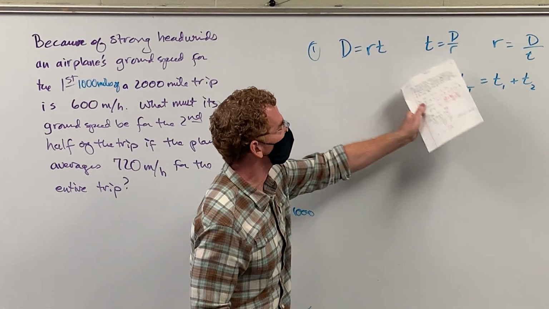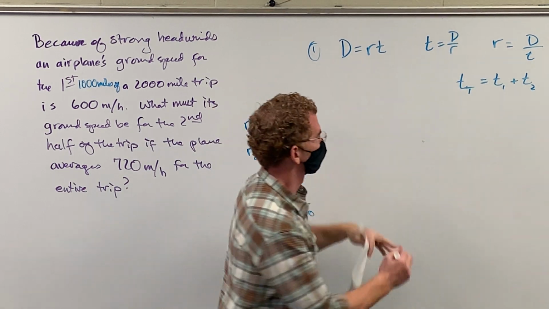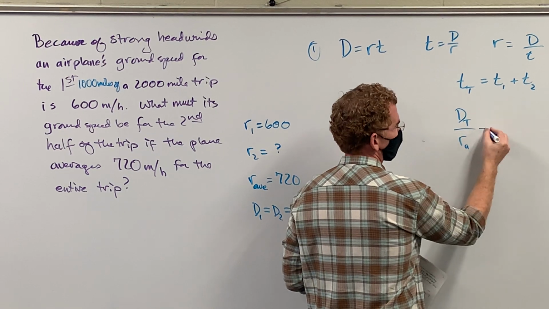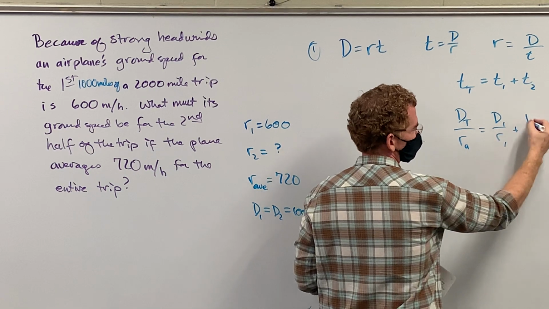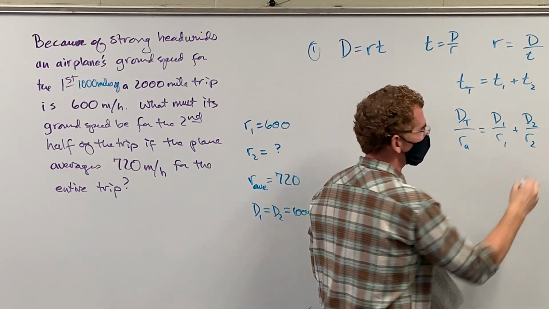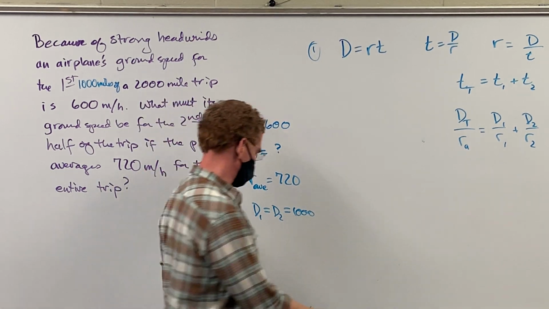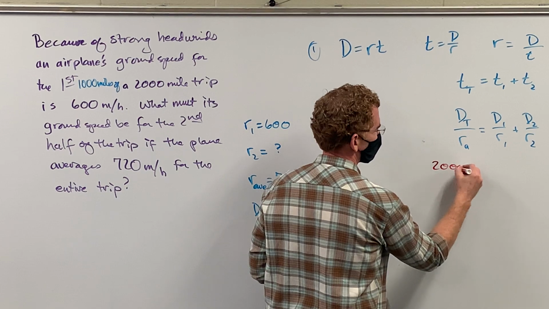Or T1 or T2, what do they got to equal to? So total time would be total distance over average rate. T1 would be first distance over first rate. T2 would be second distance over second rate. Well, man, I got all kinds of stuff now. I know the total distance. The total distance is 2,000.